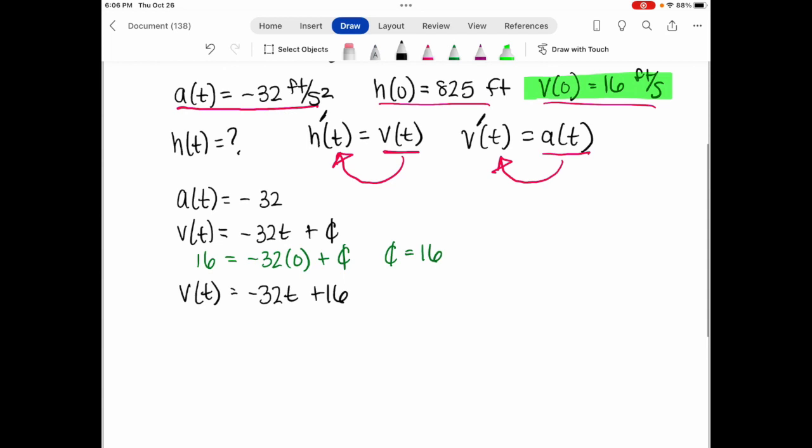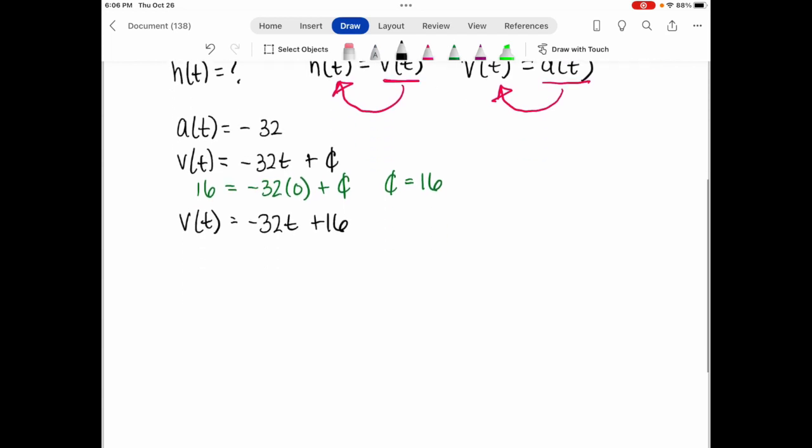So now we can work backwards again and take the antiderivative again to find the height function. So when I take the antiderivative of negative 32t plus 16, I'm going to get negative 32t squared divided by 2. And that's because when we take the derivative, we bring the exponent down in front and we decrease the exponent by 1.